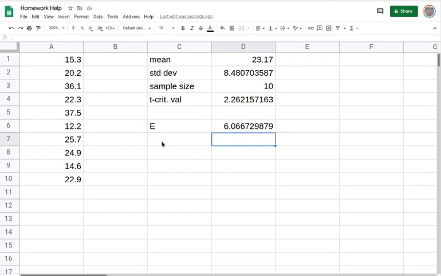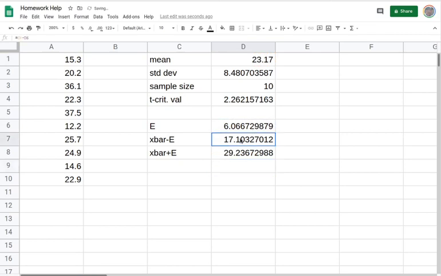And then finally, I can create the x bar minus e, so the lower number, and then I'll do the same thing for the upper number. So all I have to do here is say equals my x bar, which is my mean, minus e. And down here, I'll say my x bar, my mean, plus this time e.